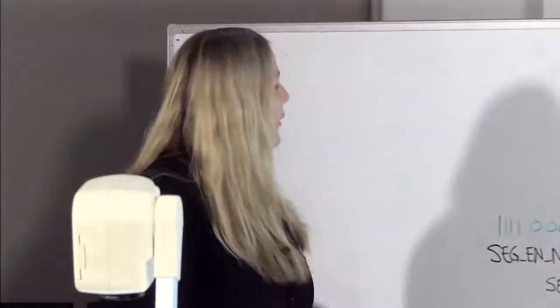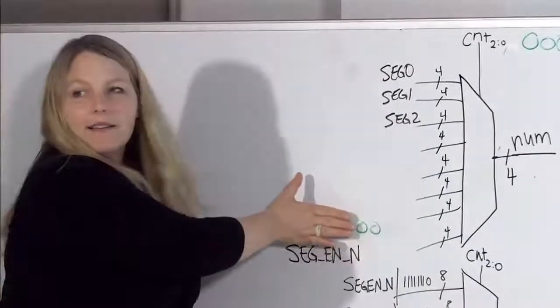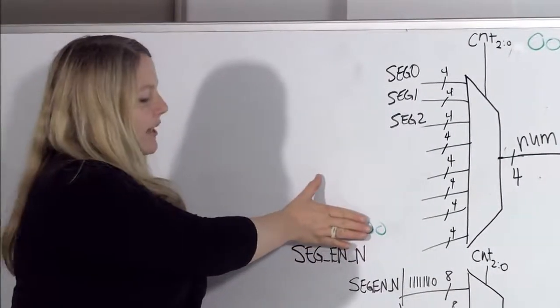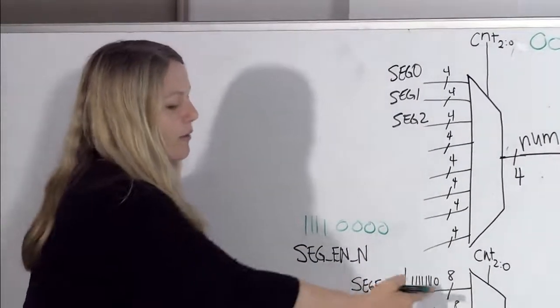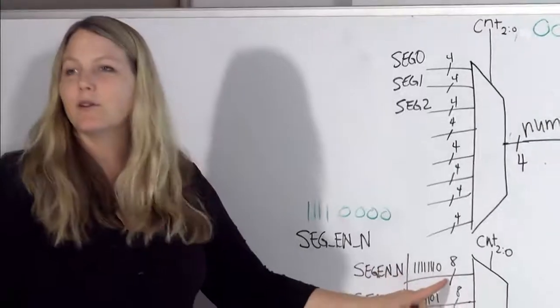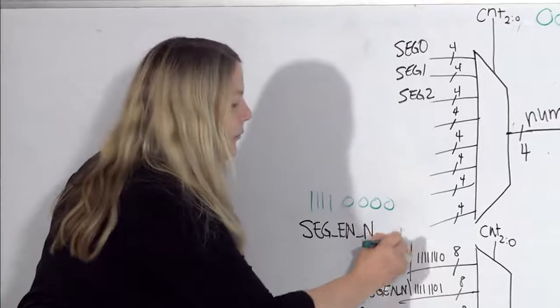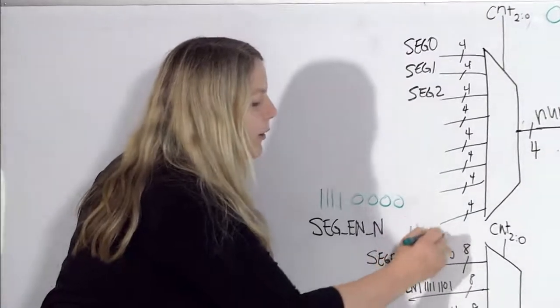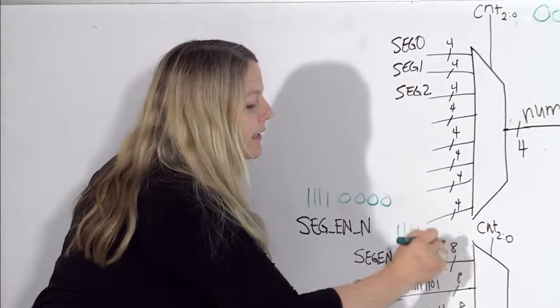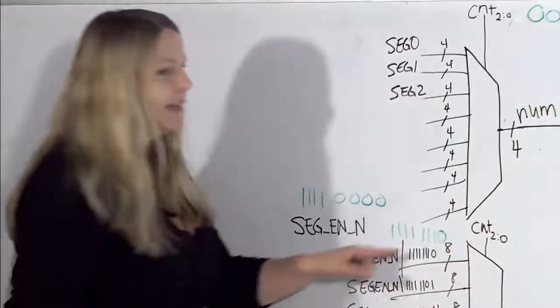Everybody see that? That's the least significant 4 digits enabled. But now I need to mask off everything but the 0th digit enable. So I do this OR with all 1s and a 0 to mask off that 0 here. So this will give me 1, 1, 1, 1, 1, 1, 1, 0. It will say, yep, that one's enabled, and go ahead and use it.